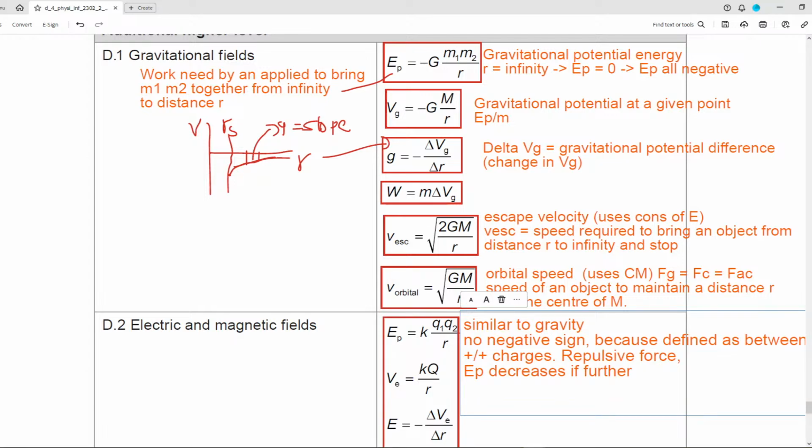And if Q is negative, then the force becomes attractive.